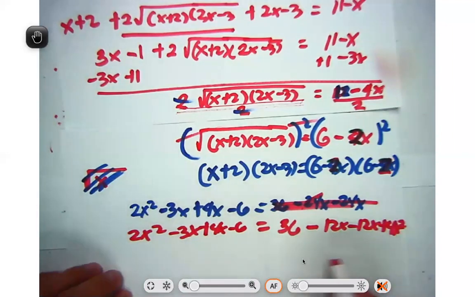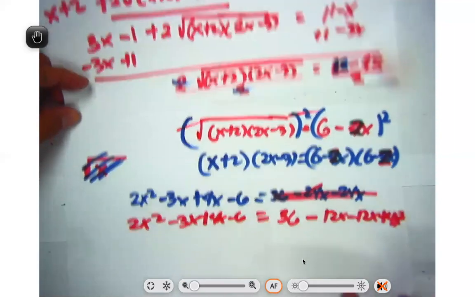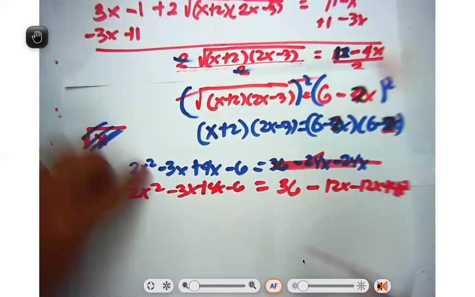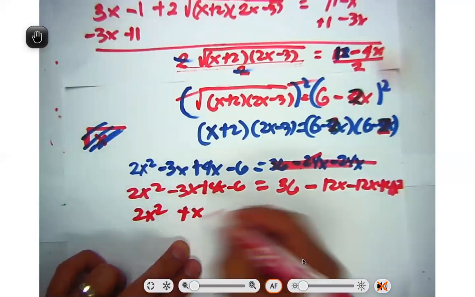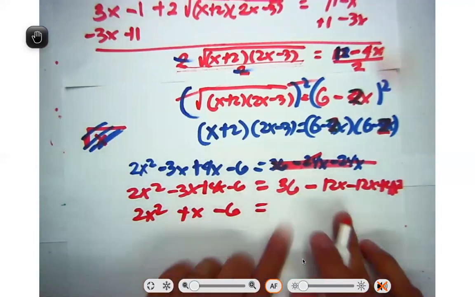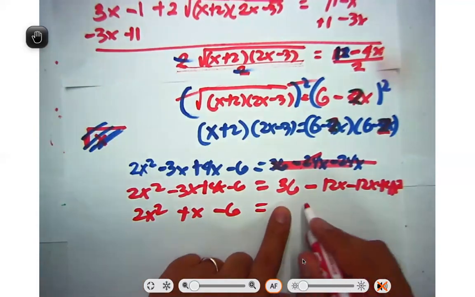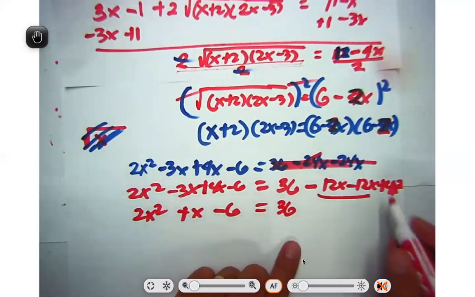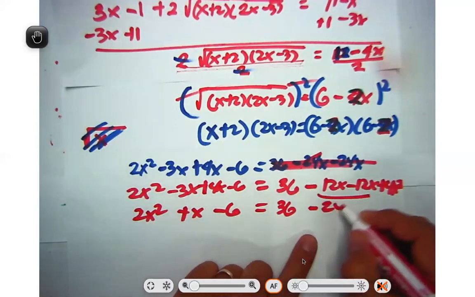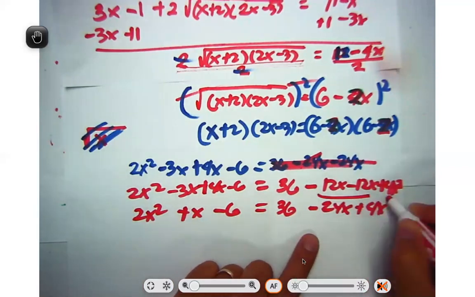And then we combine like terms. Combining like terms, you have 2x squared plus x minus 6. And this is 36 minus 24x plus 4x squared.